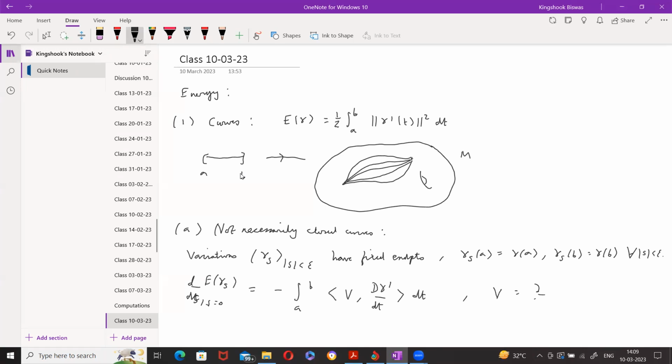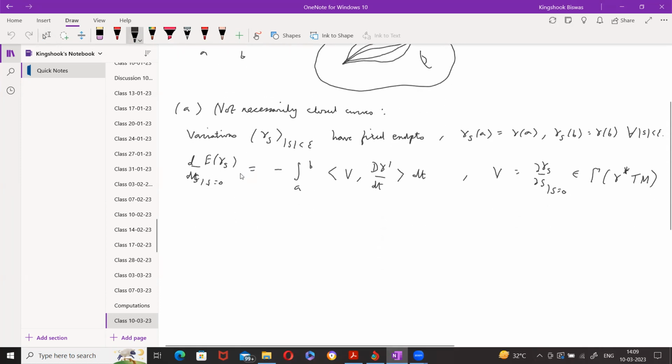This is del/del s at s equal to 0 of gamma s. So this is a section of TM along gamma, a section of gamma star TM, right? Yes, this is clear.